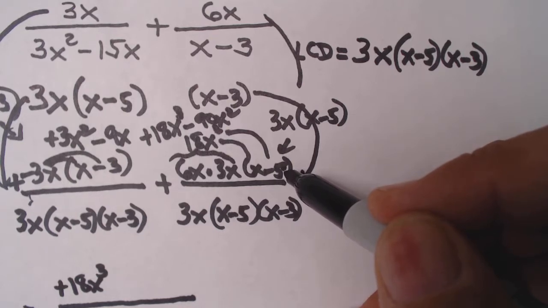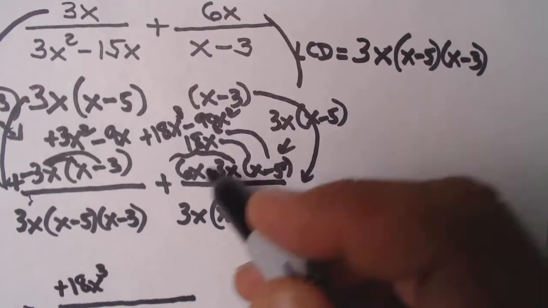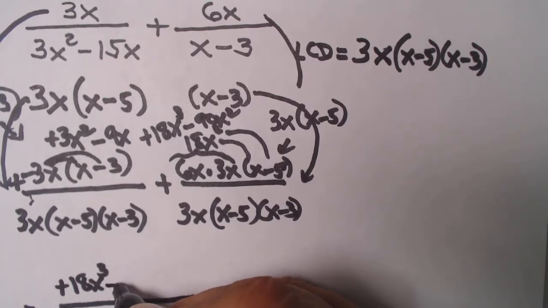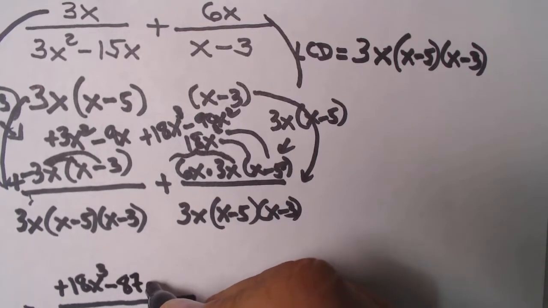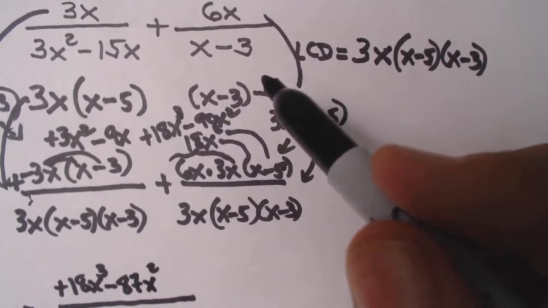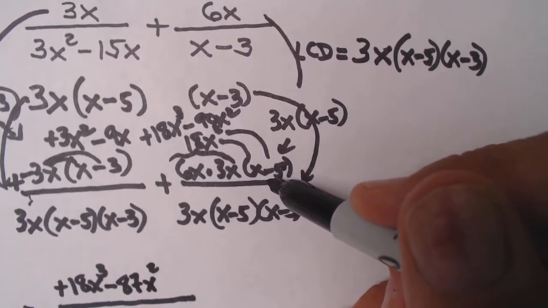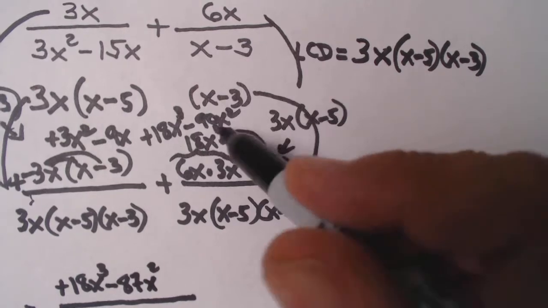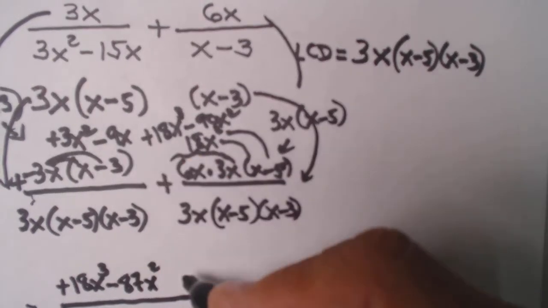That's going to be minus 87x squared. And then we have the x term, negative 9x.